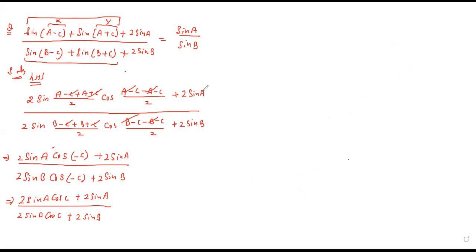Now, can I take 2 sin A outside? I am going to take it as common. This is cos C plus 1. 2 sin B outside, cos C plus 1.